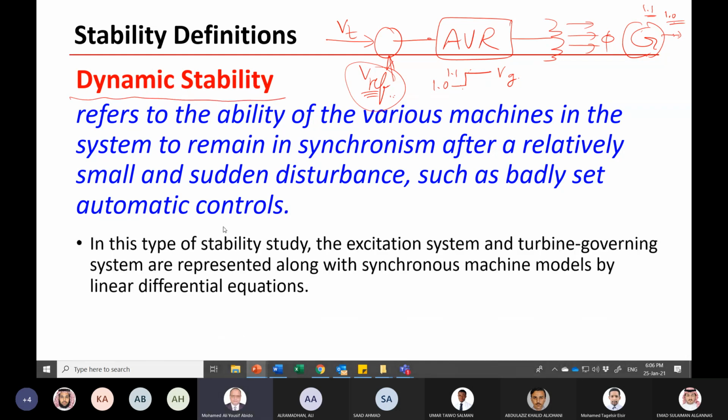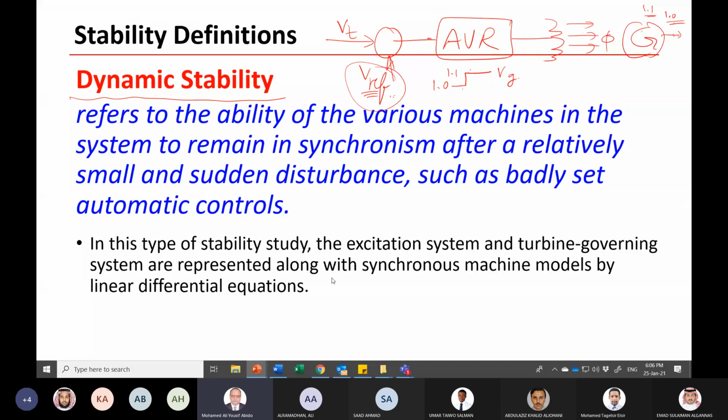And in the dynamic stability, the excitation system and the turbine governing system are represented along with the synchronous machine models by linear differential equations. We have here differential equations, but you can linearize these differential equations. You know, a small change.